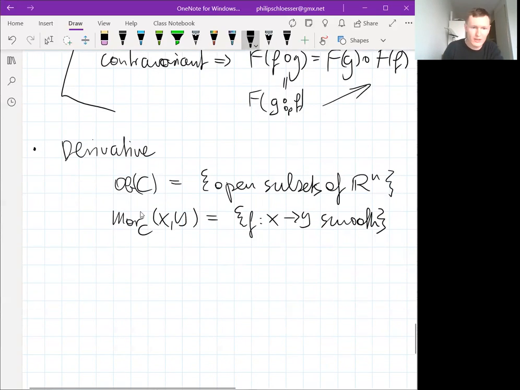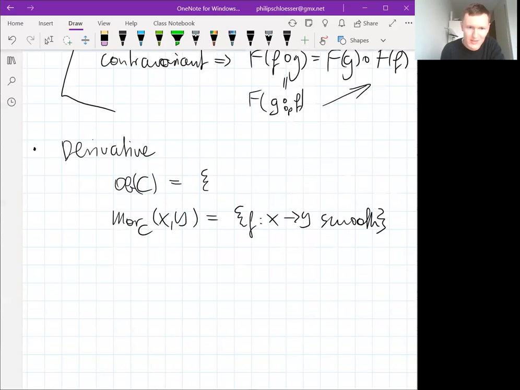Then we can define... Okay, can't really do it like that. So the objects are not open subsets.